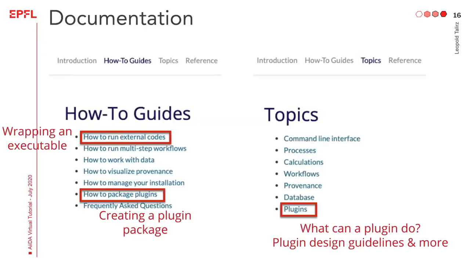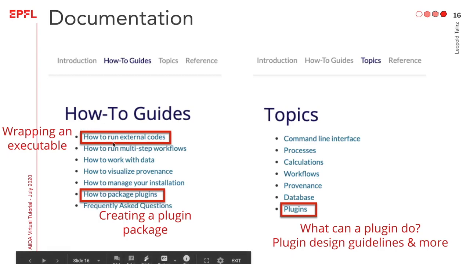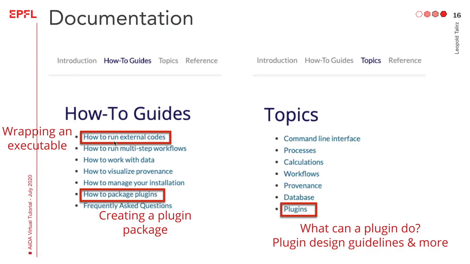There are a couple of places in the documentation where you can find information on how to write plugins. There's a how-to guide on running external codes, which includes instructions on how to write a simple calculation and a parser plugin. We have a how-to guide on creating a plugin package.